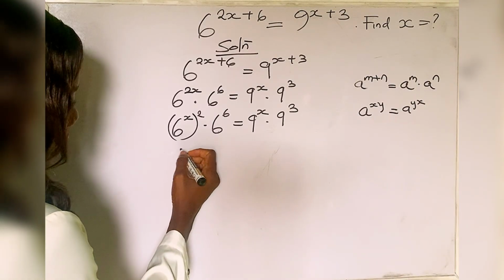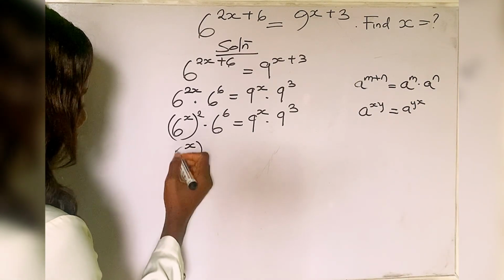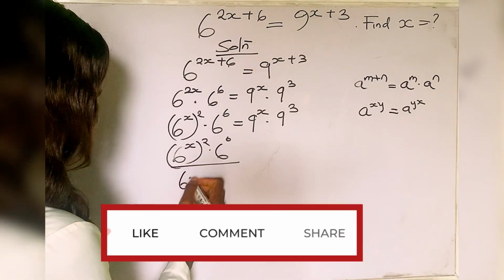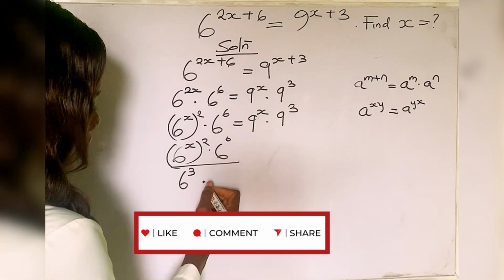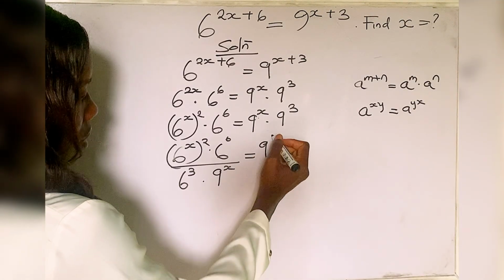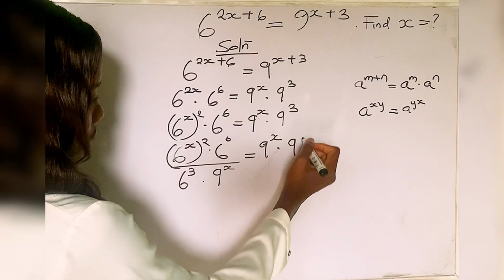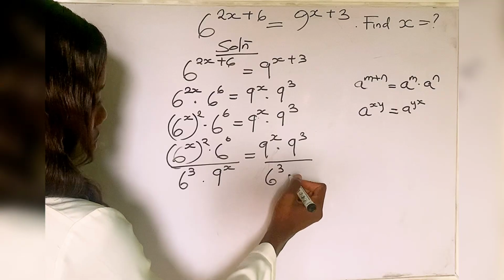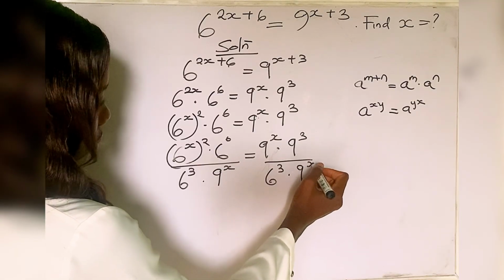Now we have to divide both sides by 6 to the power of 6 and 9 to the power of x. That's equal to 9 to the power of x multiplied by 9 to the power of 3 all over 6 to the power of 3 multiplied by 9 to the power of x.